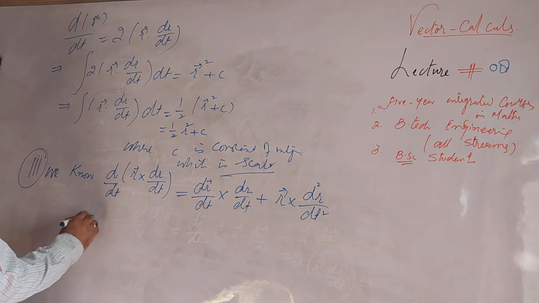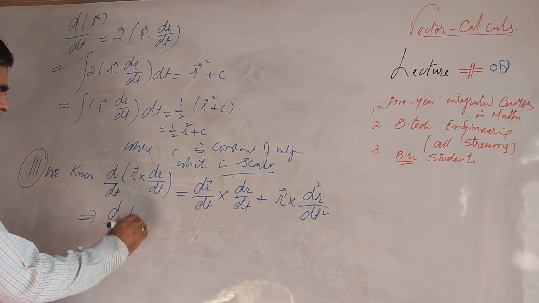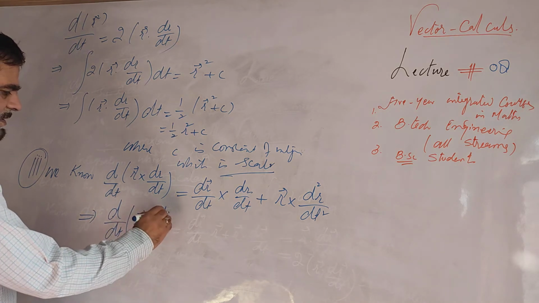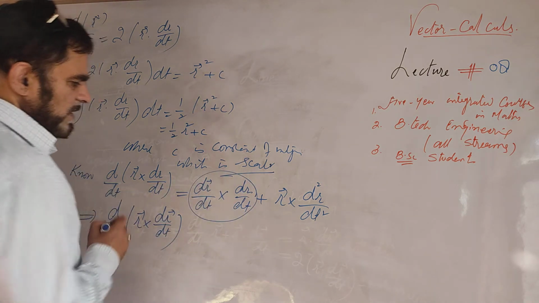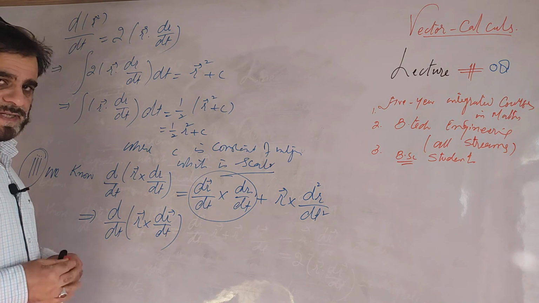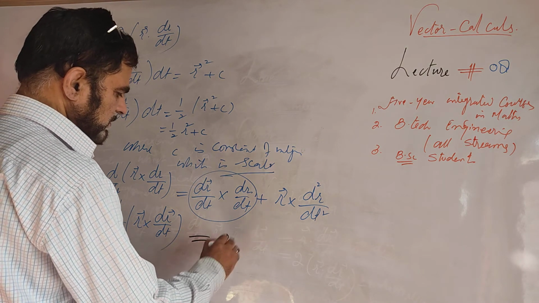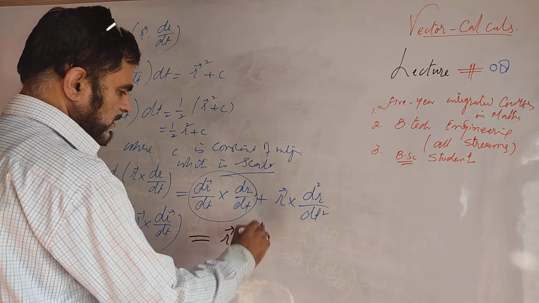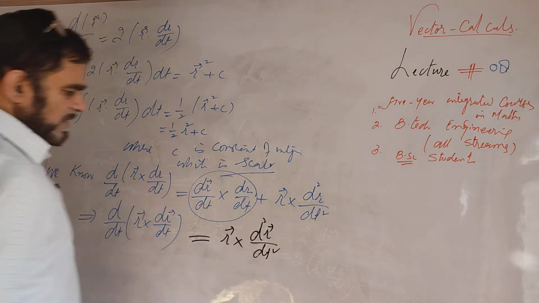Now what is this? This means d by dt of r cross dr by dt. This is 0 because the cross product of any vector with itself is 0. So it is simply r cross d2r by dt square.